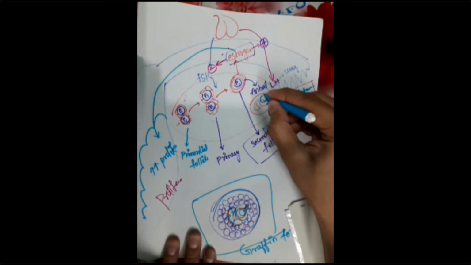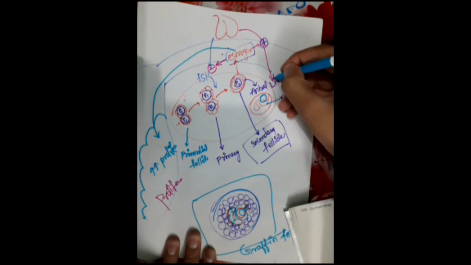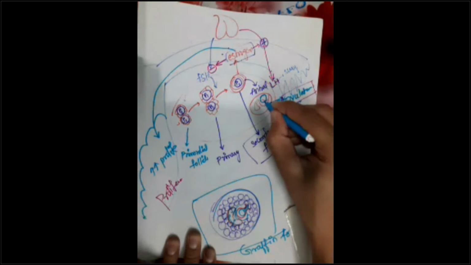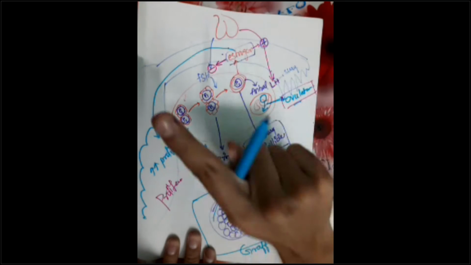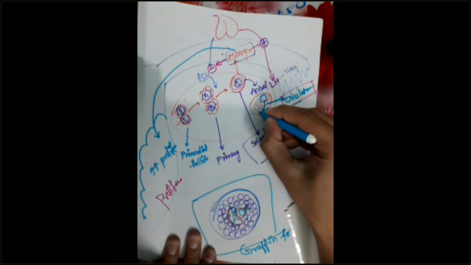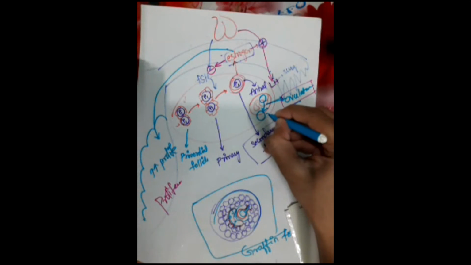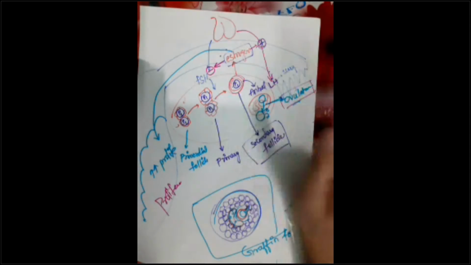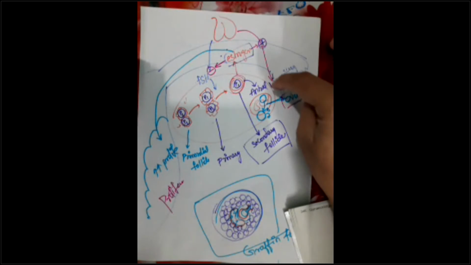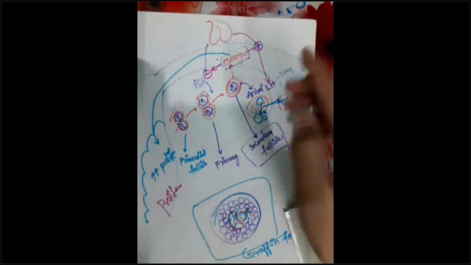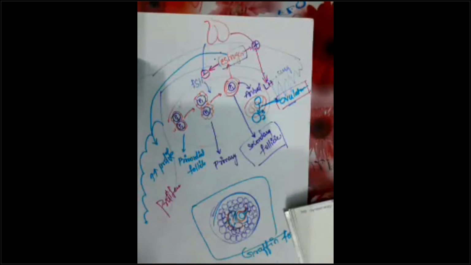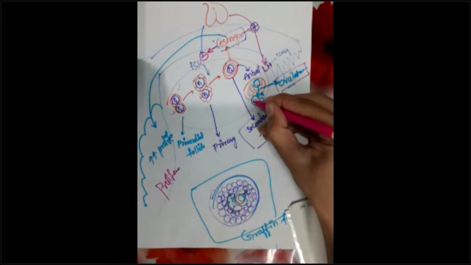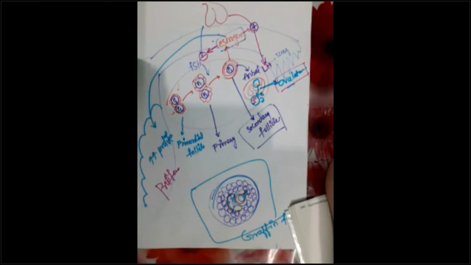Once the LH surge occurs, just before ovulation, this primary oocyte, which was arrested in prophase 1, completes the entire meiosis 1 and forms the secondary oocyte, guys.